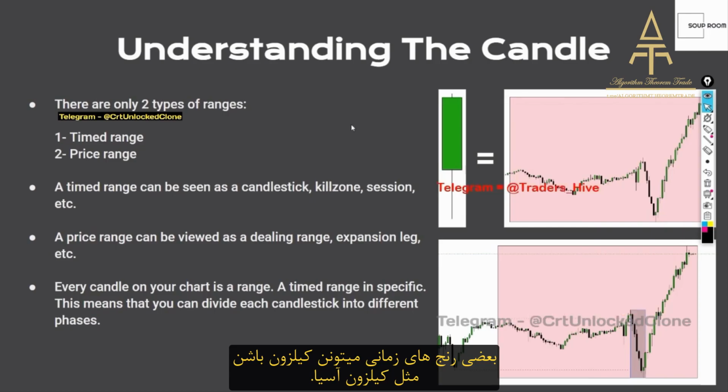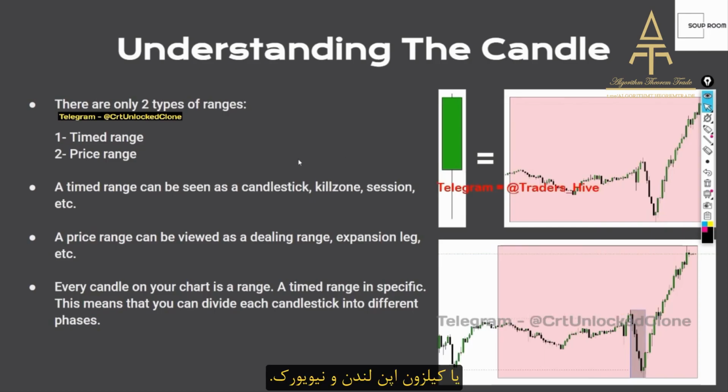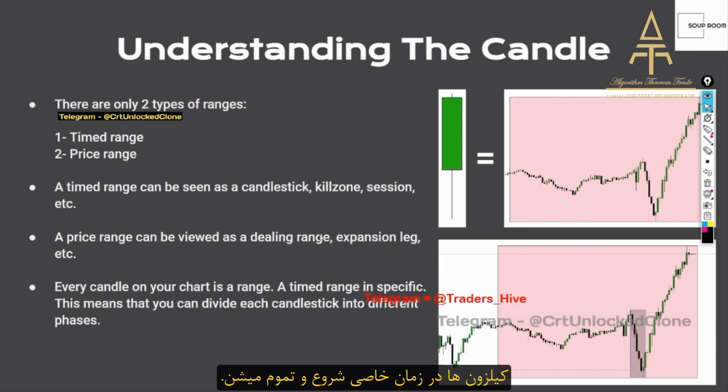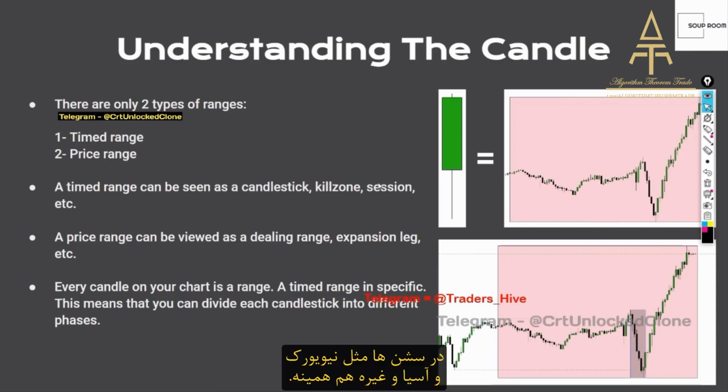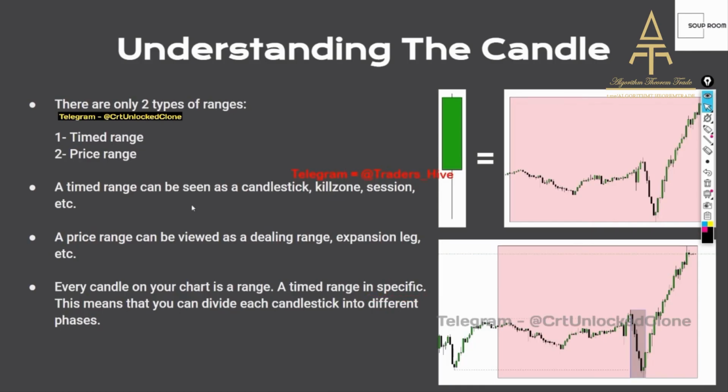So we have the Asia session kill zone, we have the London open kill zone, and we have the New York open kill zone as well, all of which are timed ranges. There's a specific time that the kill zone starts and a specific time that the kill zone ends. Same thing goes with sessions. New York session, Asia session, London session, etc.